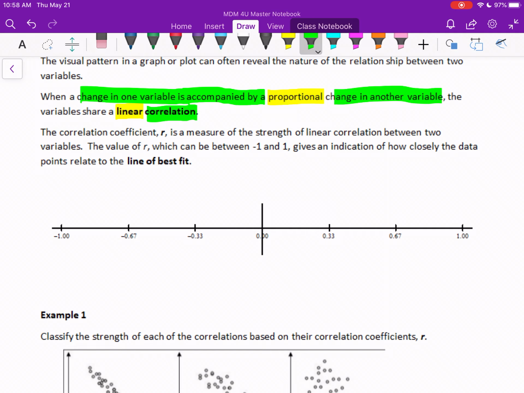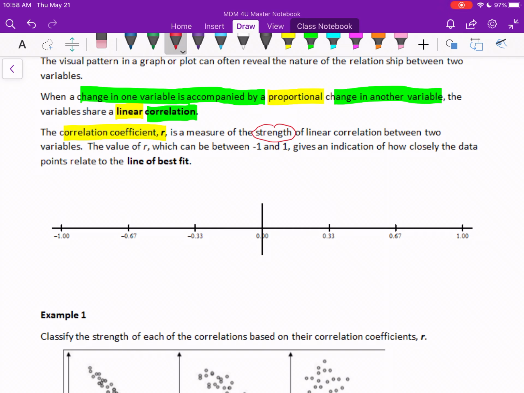The variable that we're going to use to represent this is R. We're going to use this letter R to represent our correlation coefficient. It's a measure of the strength of a linear correlation between two variables.